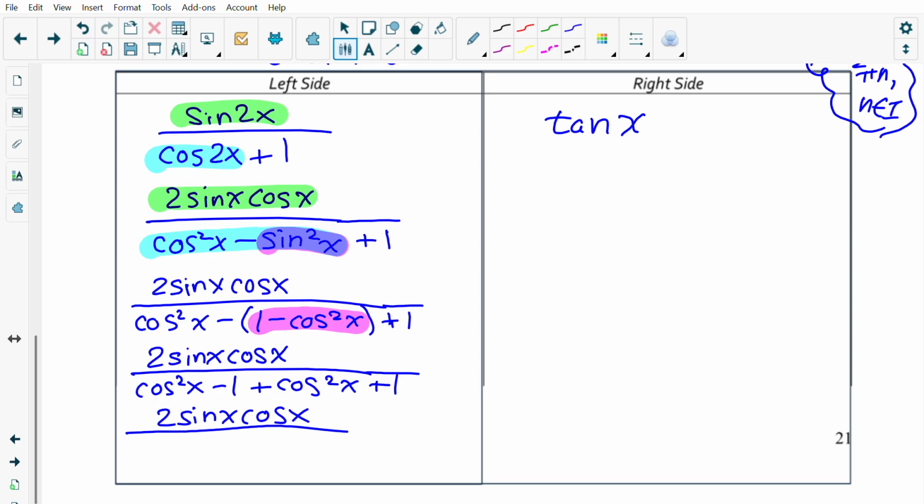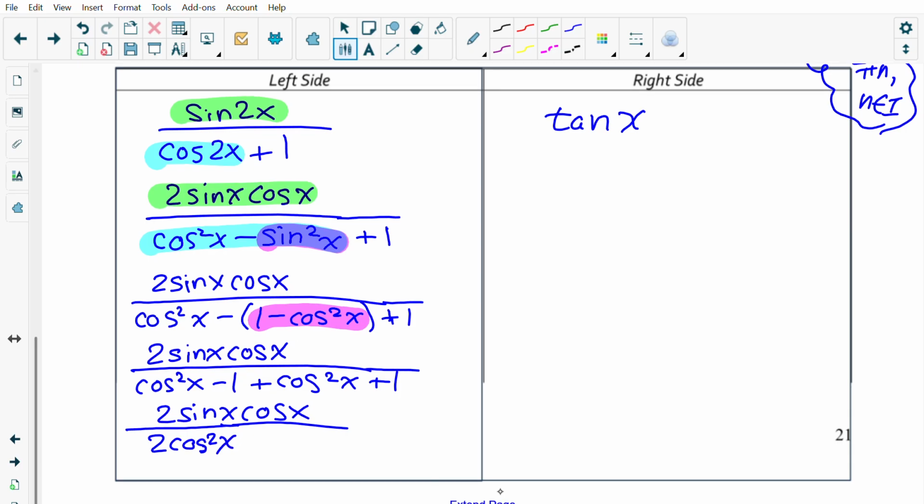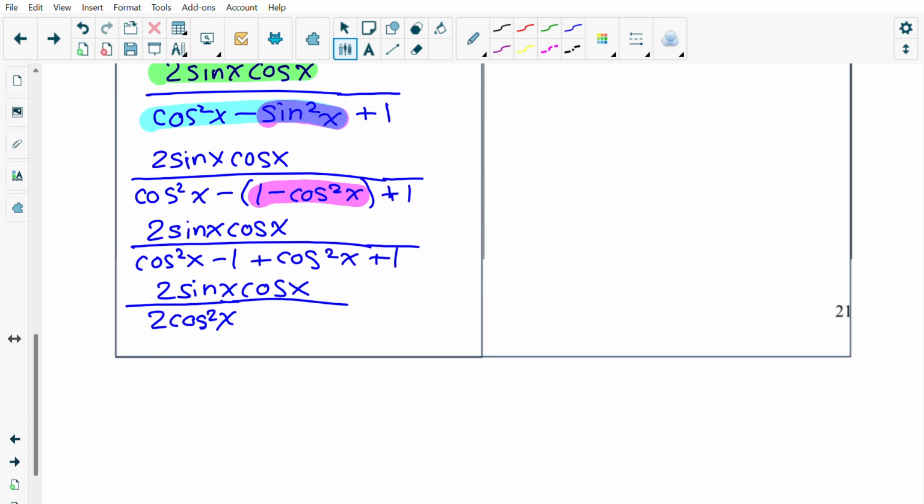There's my numerator. Cosine squared of x, that's 2 cosine squared of x, and negative 1 plus 1 is 0. So that's my numerator and denominator. Okay, 2 divided by 2 is 1. I have cosine of x divided by another one of the cosine of x's.